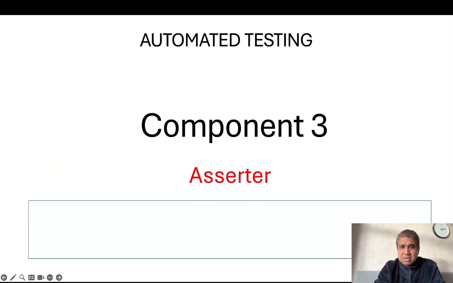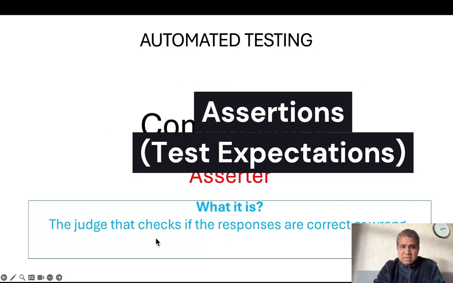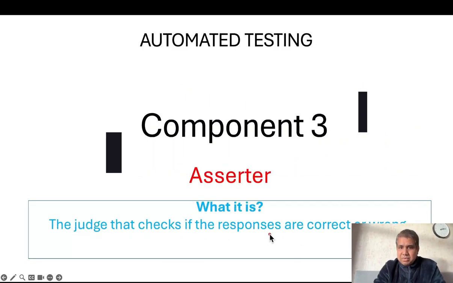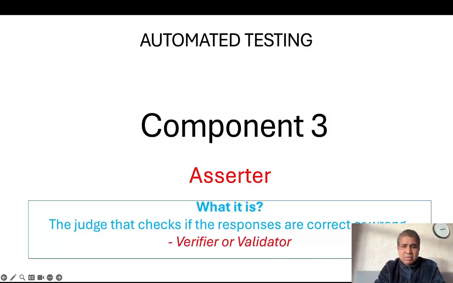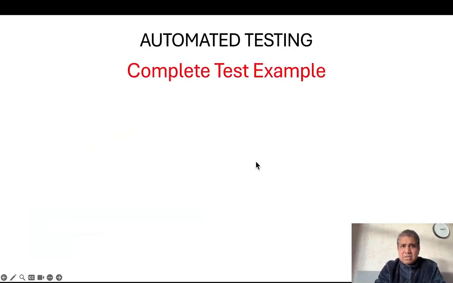Then the third one is the important bit, which is the asserter. That judges whether the responses are correct or wrong. For example, which is nothing but your assertions here, this bit, whether that count is correct or not, all these things. Okay, that's pretty much automated testing. The complete test example looks like this.